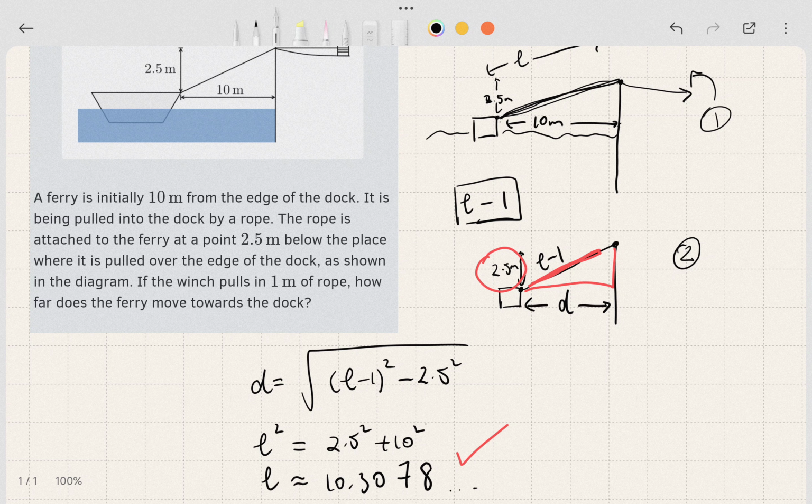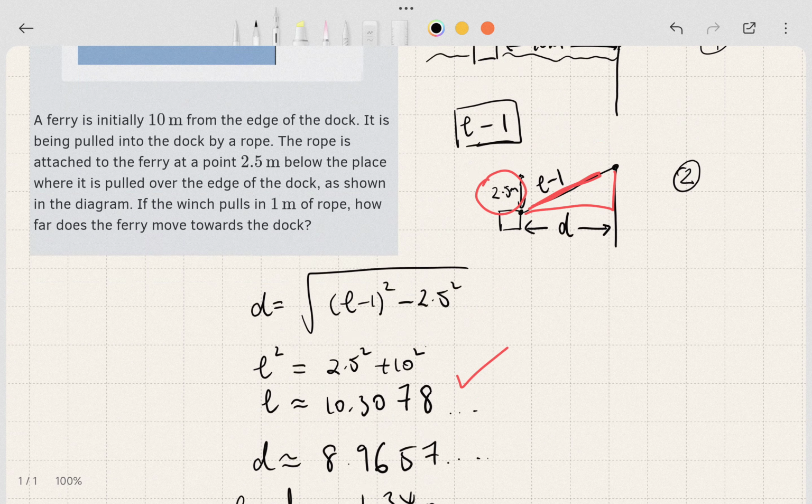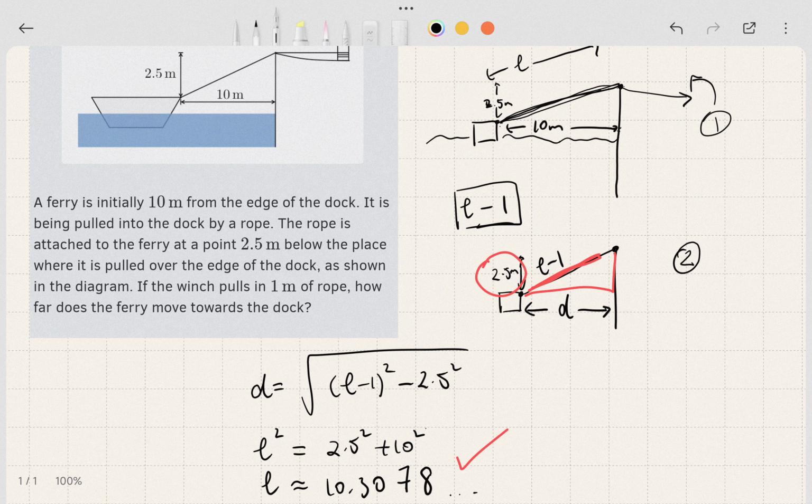So it pulls in 1 meter of the rope. In the second scenario, it's the second diagram where the boat has moved closer to the dock, the distance between the boat and the edge of the dock would be the original distance minus 1 because it's pulled 1 meter closer to the dock.